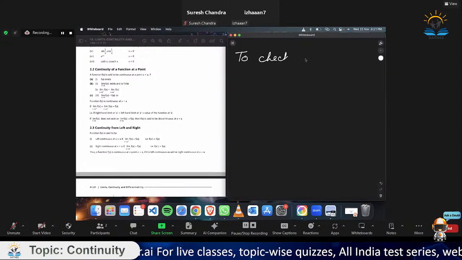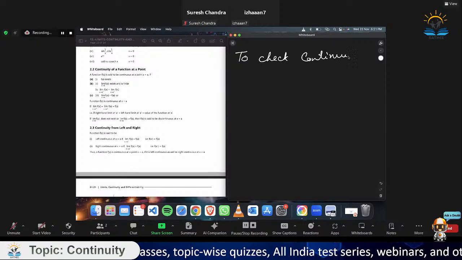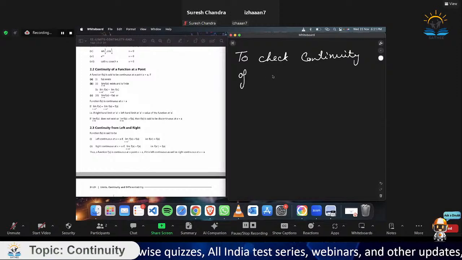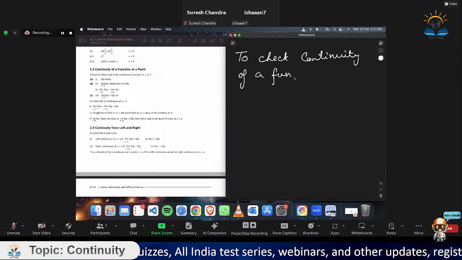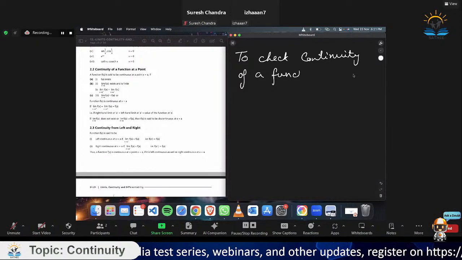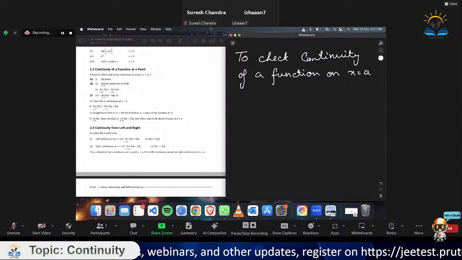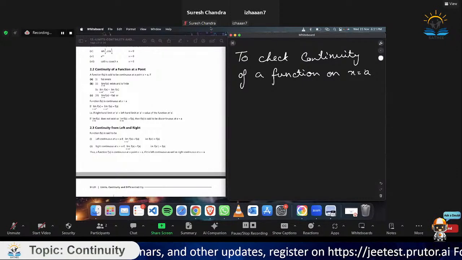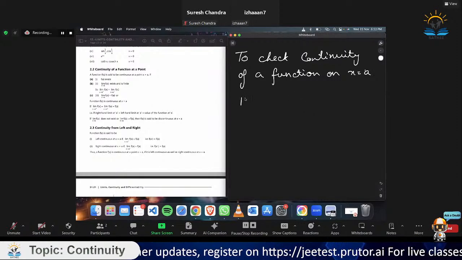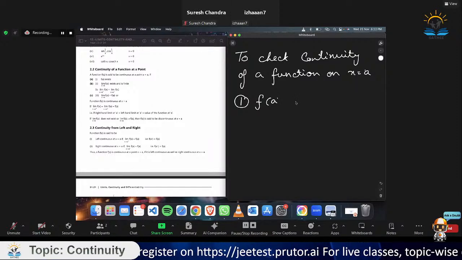You check continuity of a function on x is equals to a. On x is equals to a, what we have to do? Yeah. So point number one, condition f a should exist.